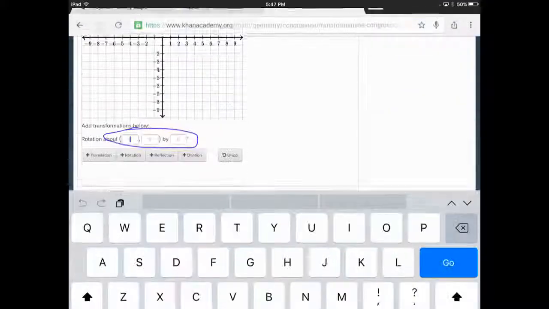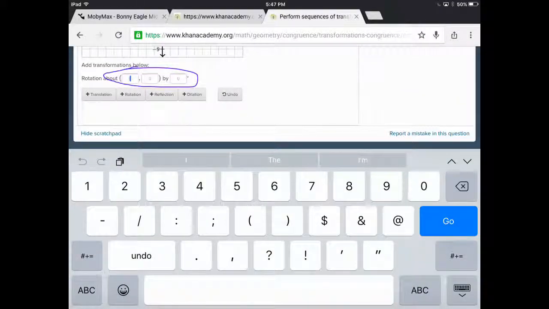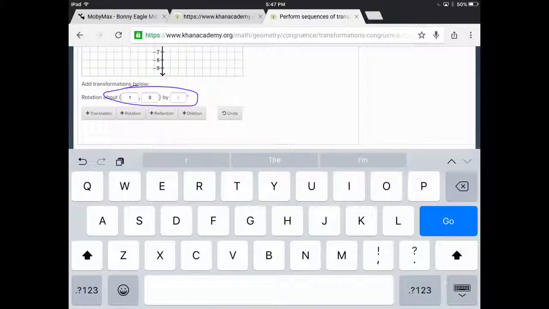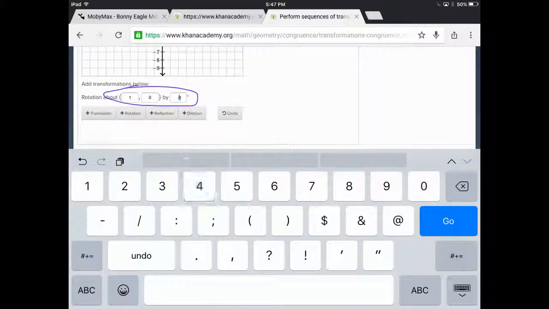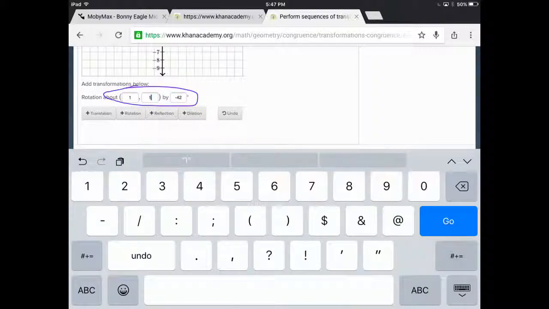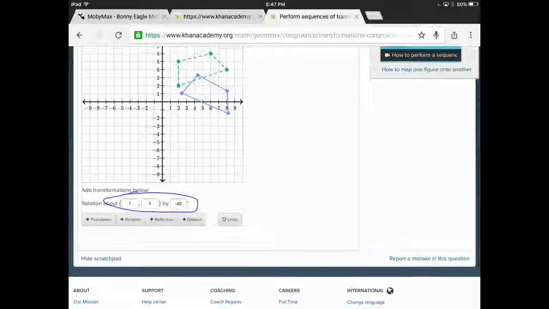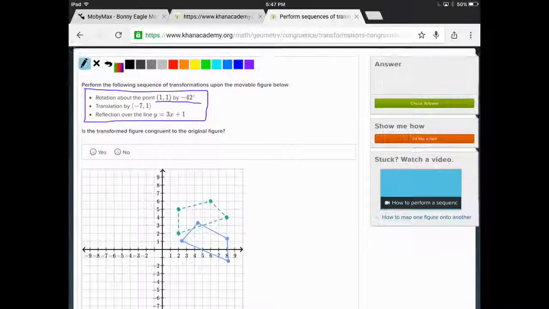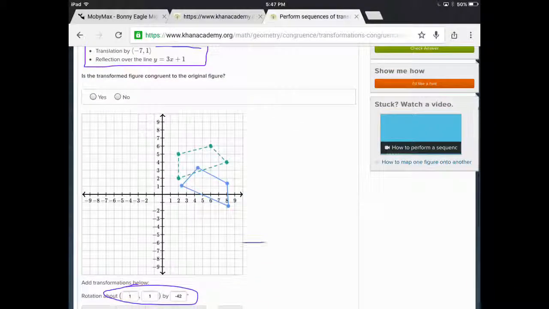The rotation about the point 1, by negative 42 degrees. Okay, and as soon as we put that in, we will notice that it's rotating it for us. And just to visualize what that is, hopefully this allows me to do so.